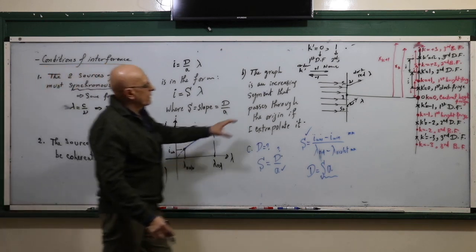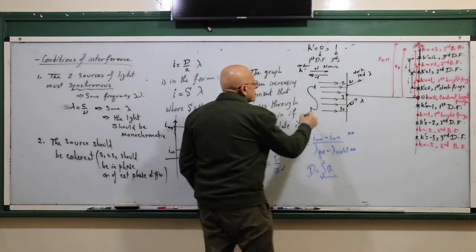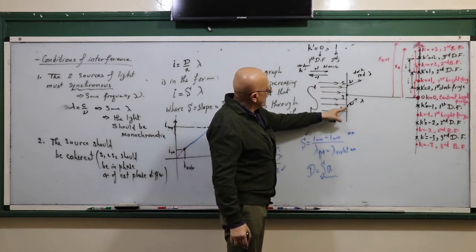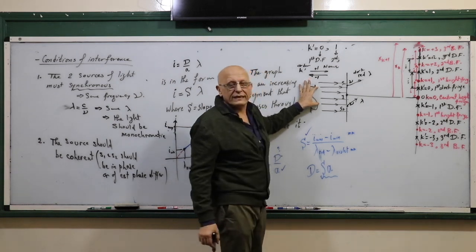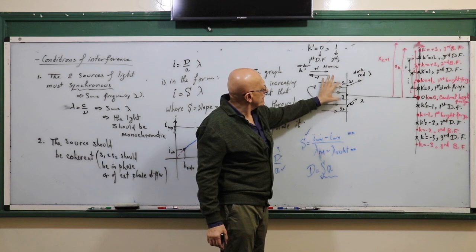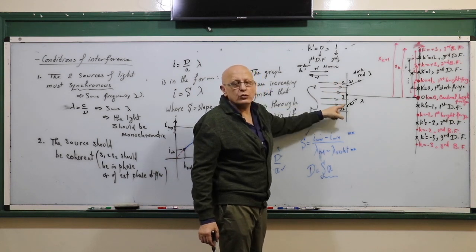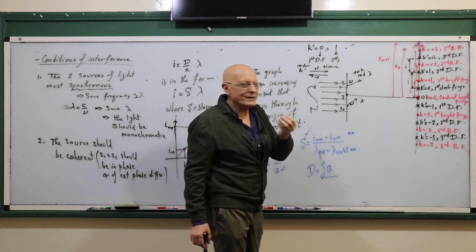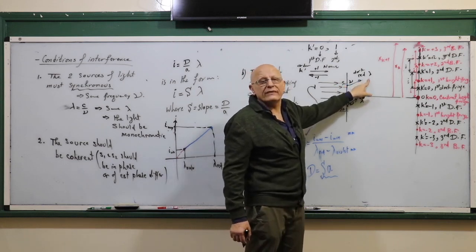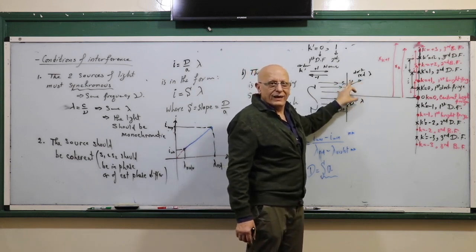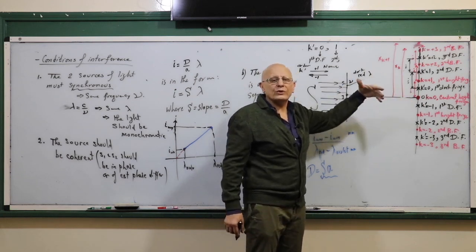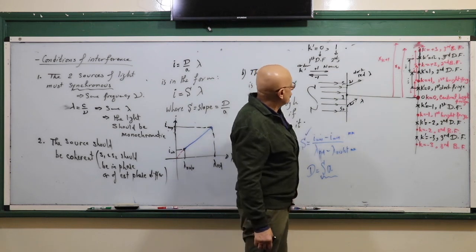Notice here, if this is source S, the two waves reaching S1 and S2 will leave S at the same time. And because they cover the same distance, they will reach S1 and S2 in phase. So they will be emitted from S1 and S2 in phase. And so, if they are monochromatic, they produce interference fringes. Okay?